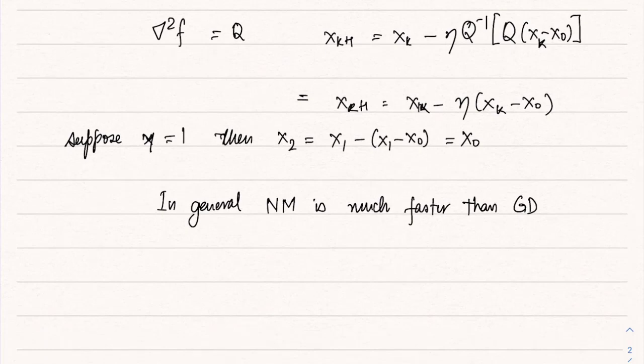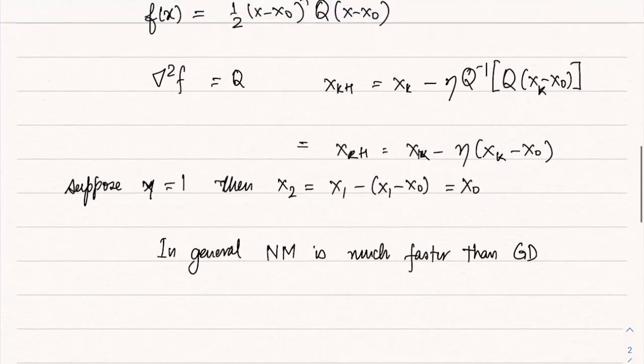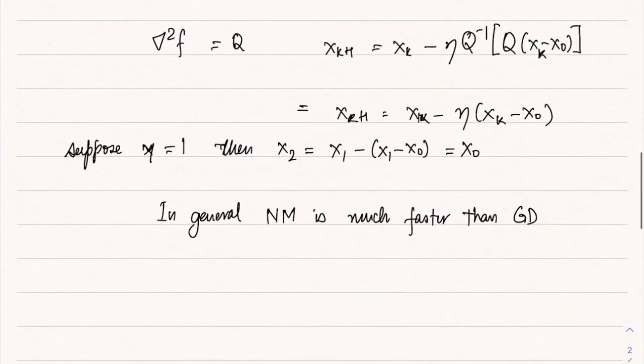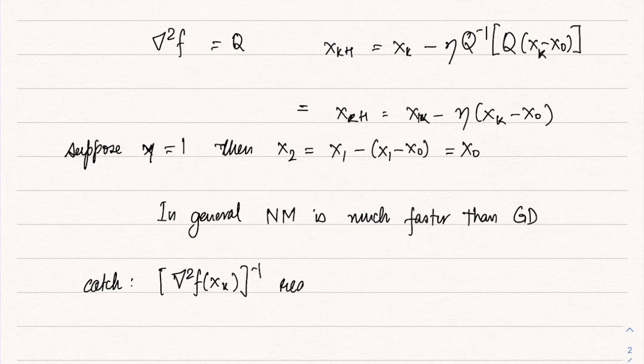However, there's a disadvantage here which you can clearly see. So what is the disadvantage? So what is the catch here? Hessian, you need to calculate the Hessian inverse, right? And calculating the Hessian inverse is basically a difficult thing. So that is the catch.